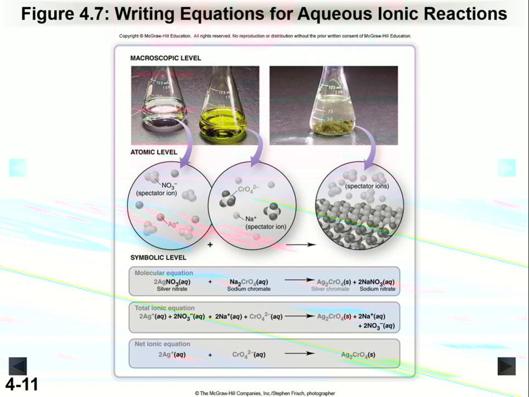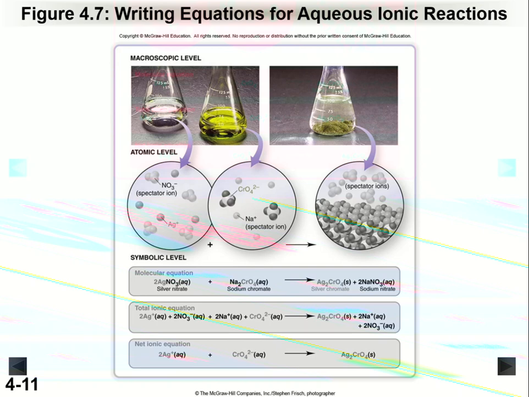Now, if you look at the total ionic equation, you'll notice that you have, for example, 2Na+ on the left, 2Na+ on the right. We have 2NO3- on the left and 2NO3- on the right. They're spectators. They don't participate in the reaction. So we can get rid of those, and we can write what we call the net ionic equation.